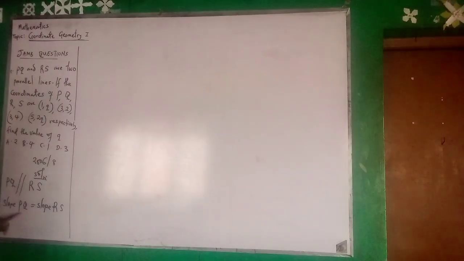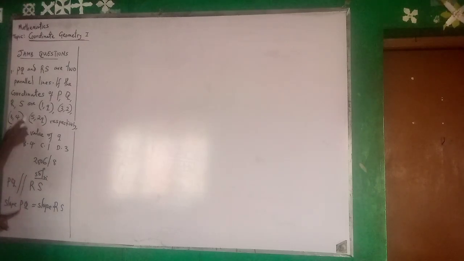To get slope PQ, points P has the coordinates (1, q), Q has the coordinates (3, 2), right?